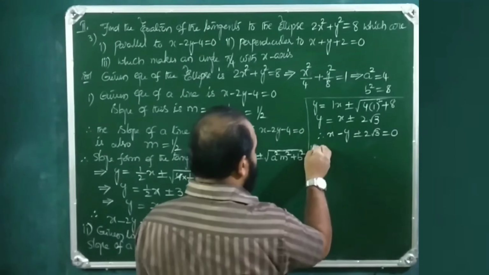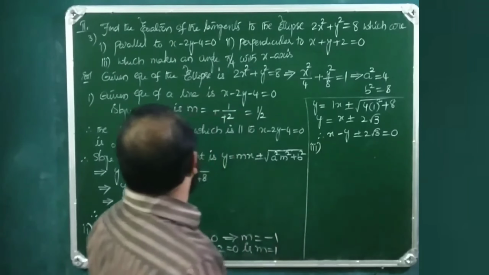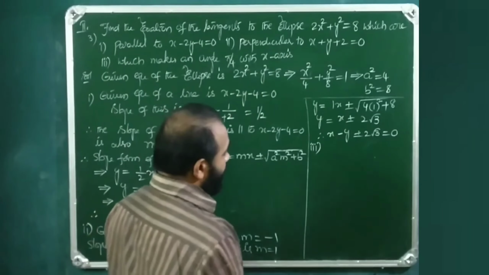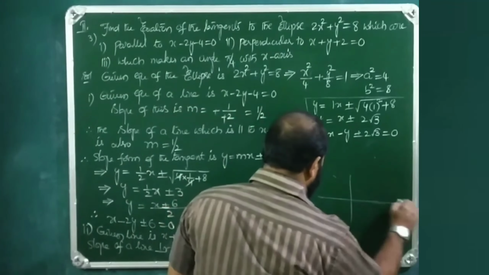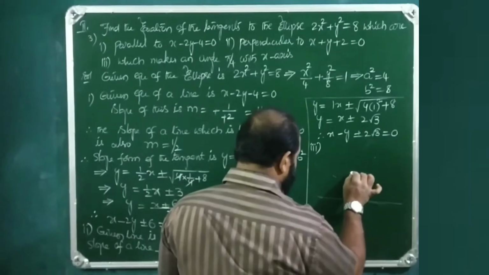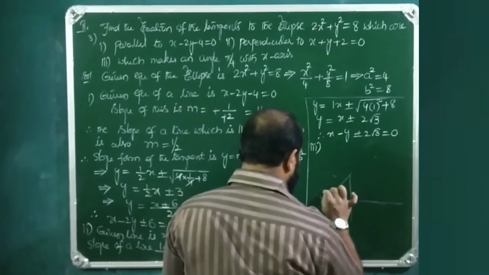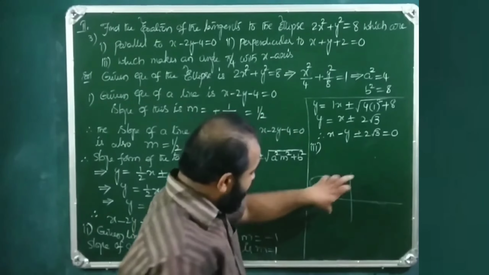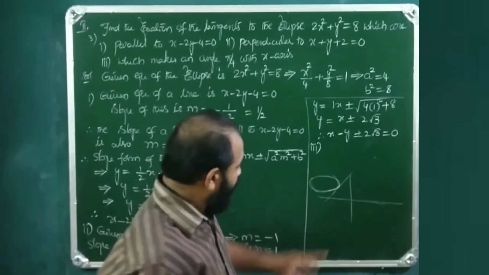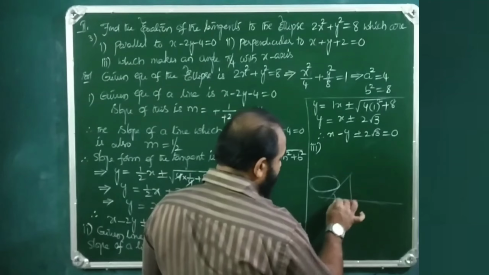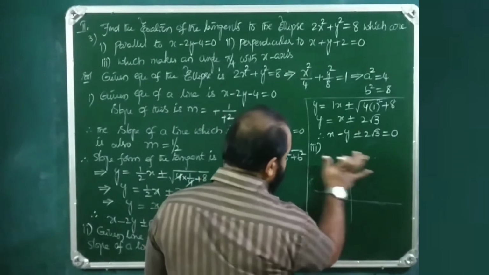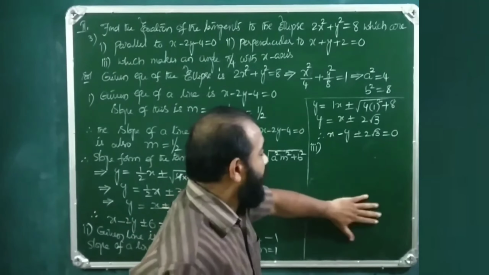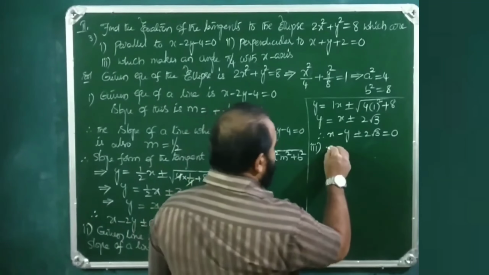And the third question is, the tangent makes an angle pi by 4 with the x-axis. For example, this is the ellipse and this line touches the ellipse, and this line is making an angle pi by 4 with the x-axis. So if the line is making an angle pi by 4, that means slope m equals tan theta.